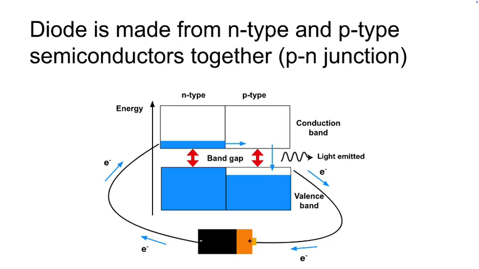You're putting electrons up into that conduction band of your N-type. Those electrons will shuttle across to your P-type hole and then drop in energy back down to the valence band and then continue your loop. That process, since you're seeing a drop in energy, is how you're seeing the light emission. Kind of make sense?